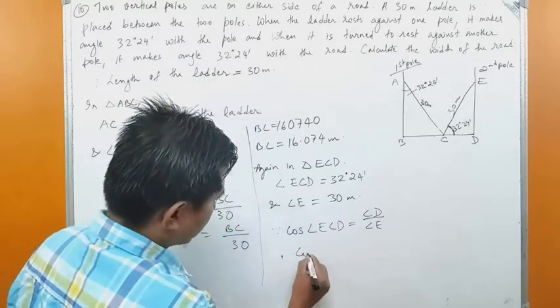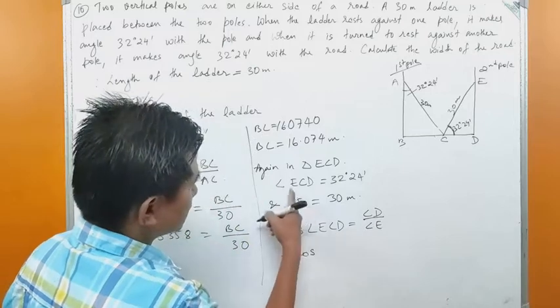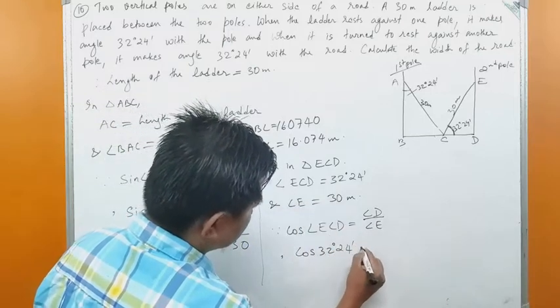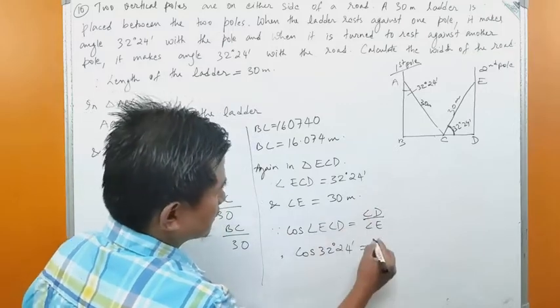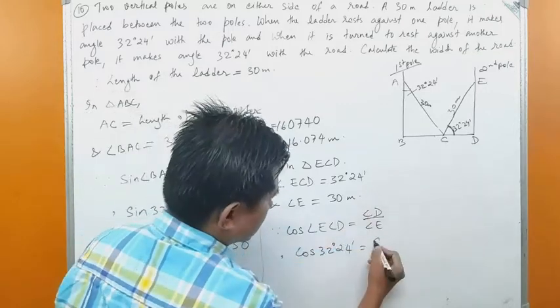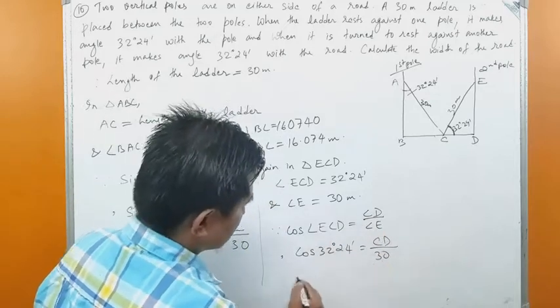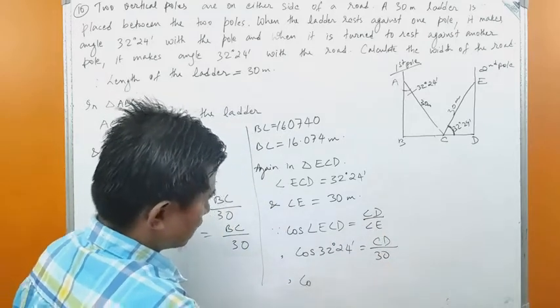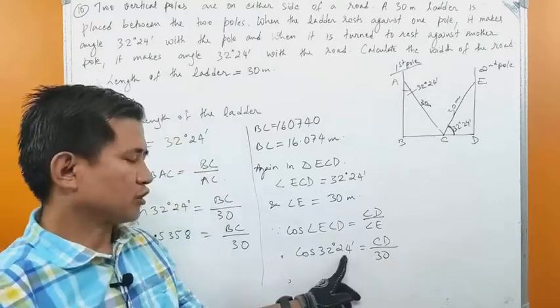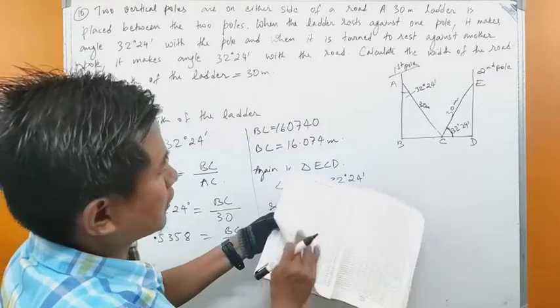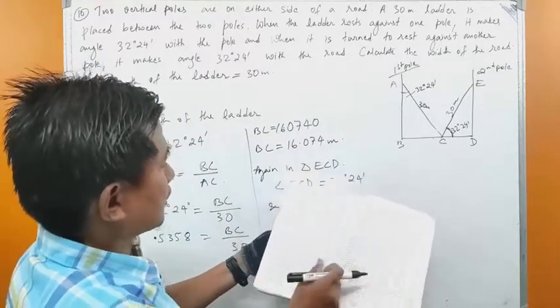So cos of angle ECD, which is 32 degree 24 minute, equals CD upon CE. CD is not given to us, we are asked to find this. CE is given to us 30. So cos 32 degree 24 minute means, now we will see the cosines.